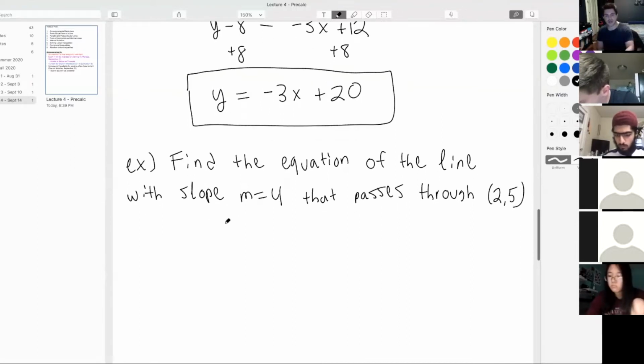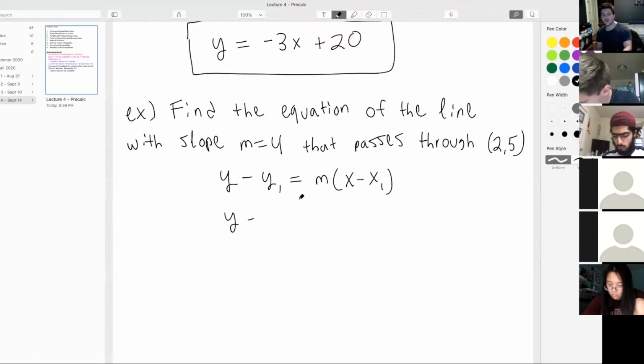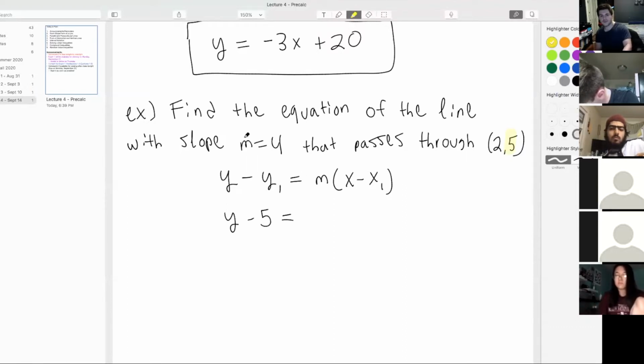So I'm just going to write the general form again. It's y minus y1 is equal to m multiplied by x minus x1. And I'm just going to plug everything in. So y1 in our case is 5. All right, that's our y1 here. So I'll put y minus 5. Our m is 4. So I'm going to plug in 4 for m. And our x1 is 2, okay, which is from right there.